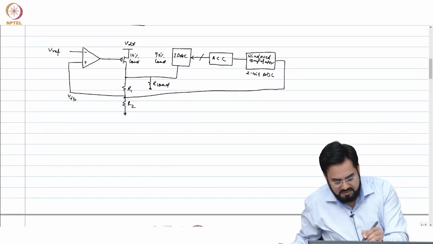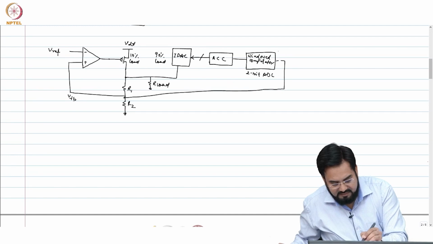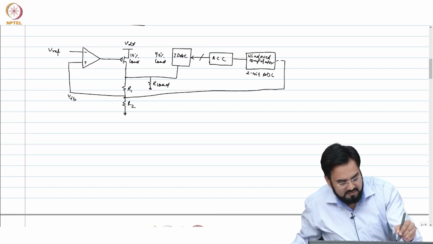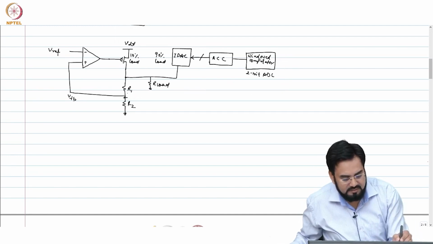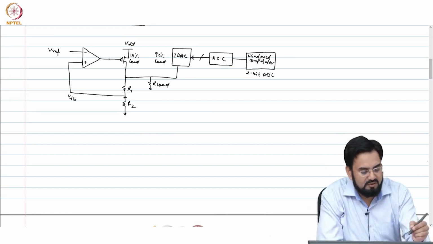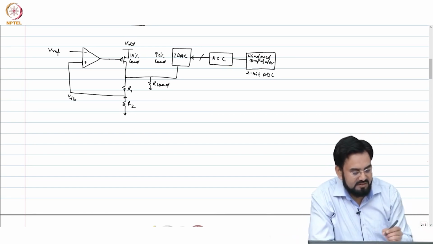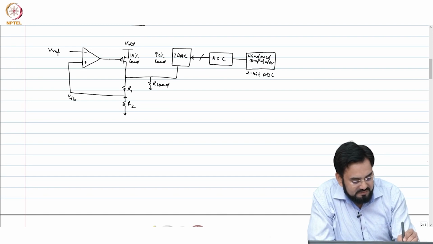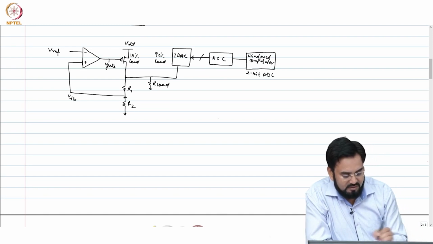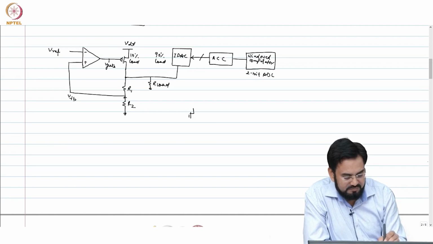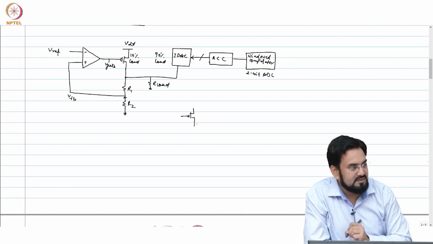Okay, so this feedback will not go here, but what you need. So if I want to sense the current, we already talked about that. So if this is your V gate, all you need to do, just take this.